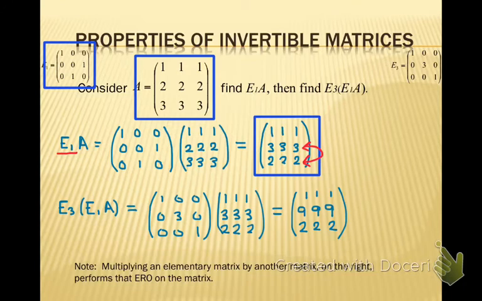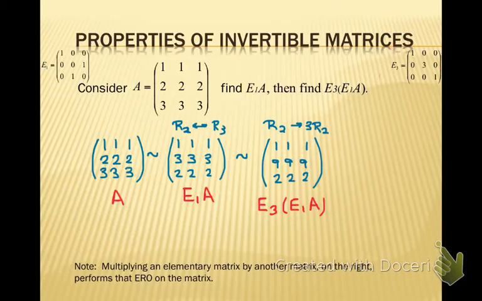Let's go a step further and multiply the result of E1 times A, which is given by this, by the elementary matrix E3. If you recall, E3 resulted from a scaling of the second row of the identity by 3. So now we're going to multiply E1A by E3 on the left. If you perform that product, you'll see that the second row is scaled by 3, so all the elements are multiplied by 3.